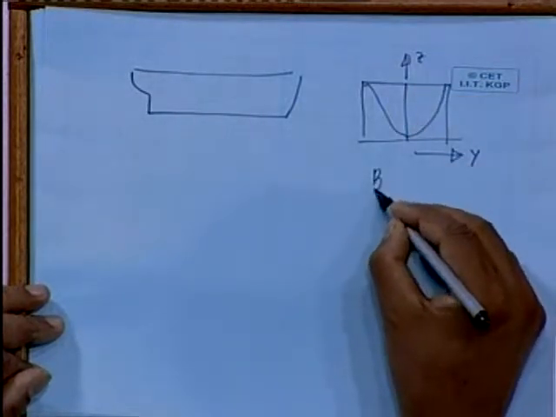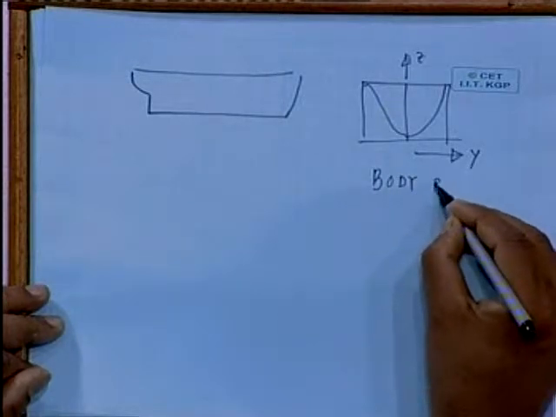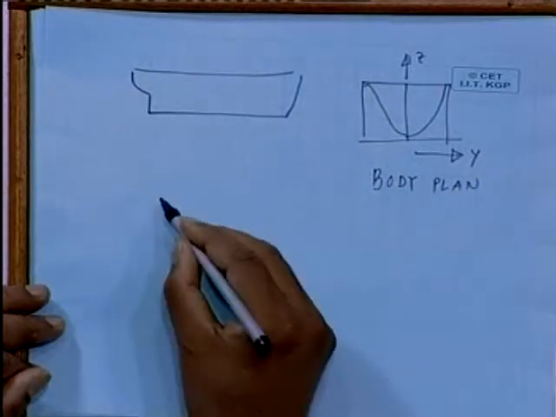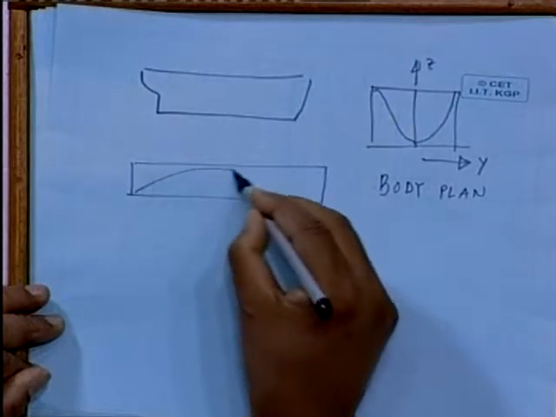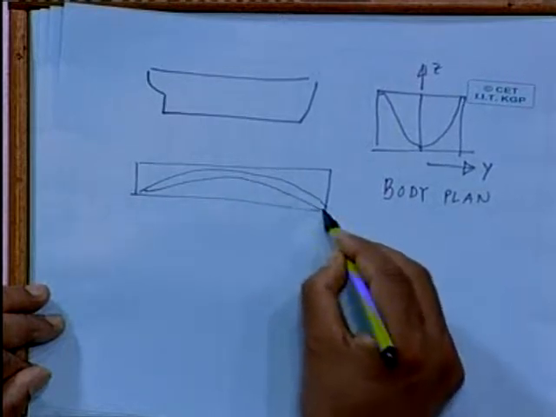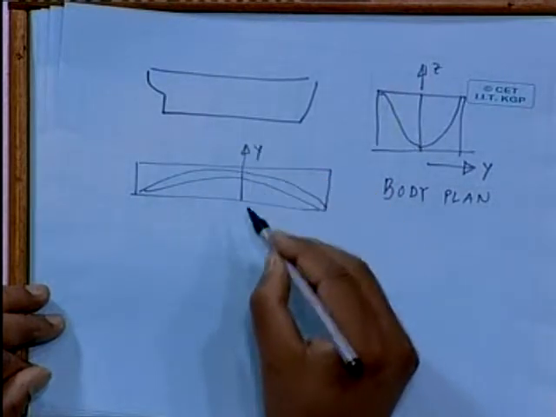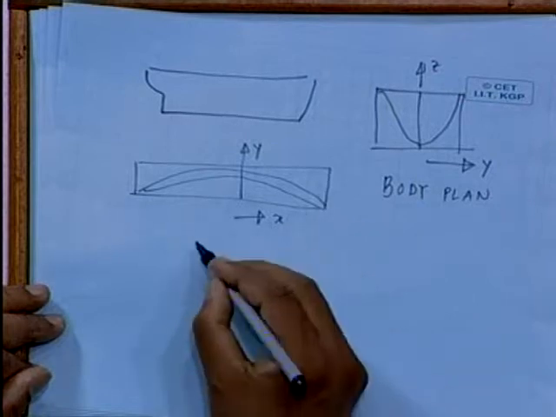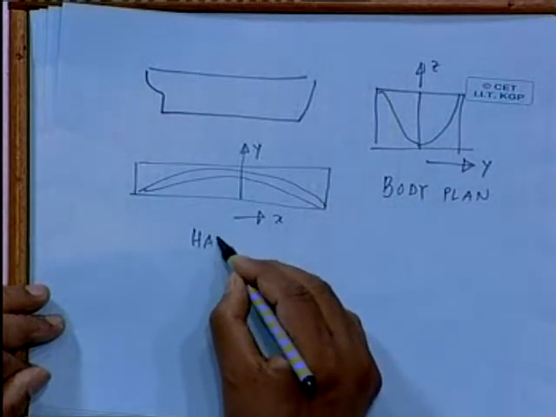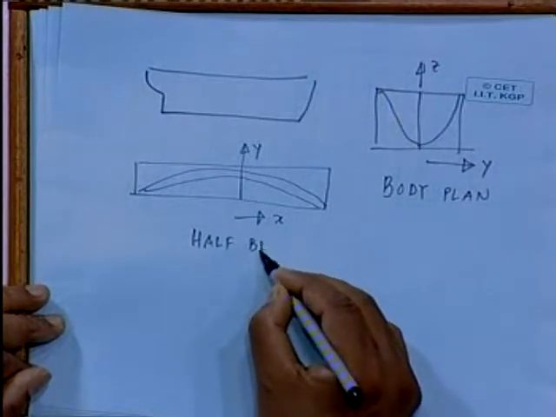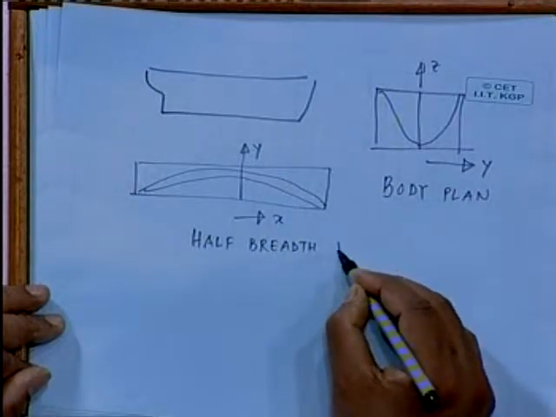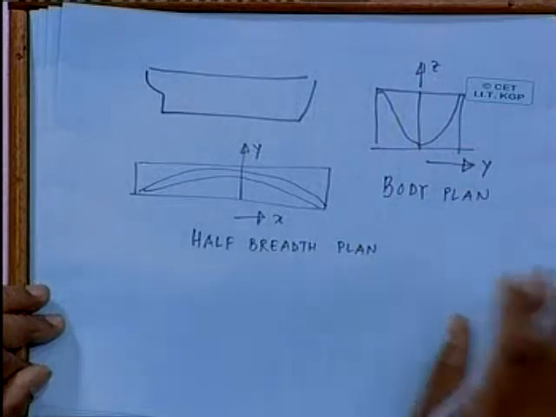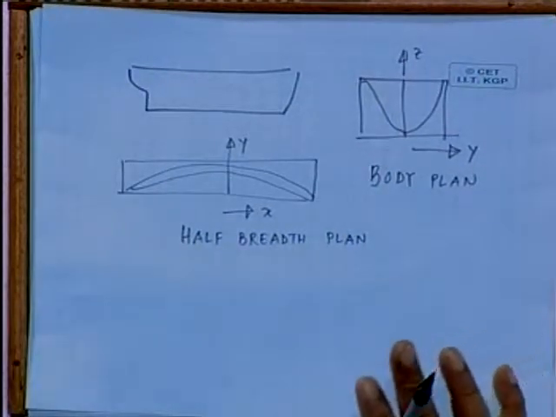So we call that body plan, and we had here, this is my y, this was half. This has been covered long back earlier, how we represent a ship's hull.